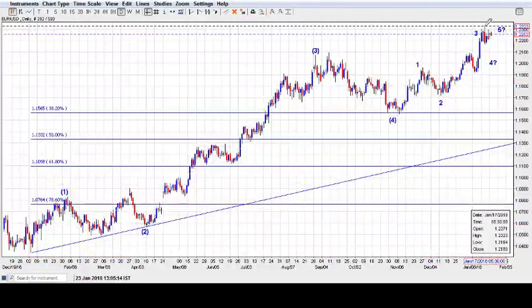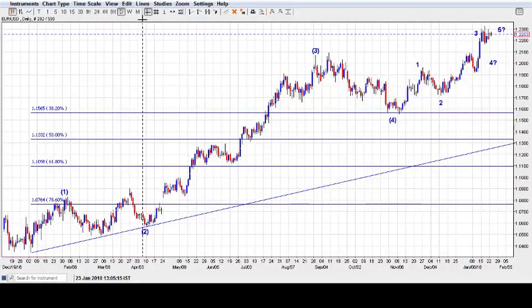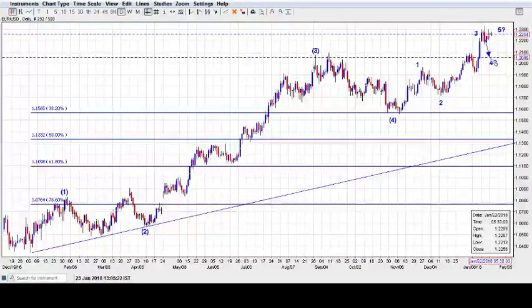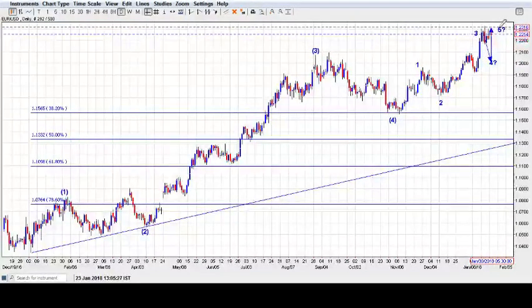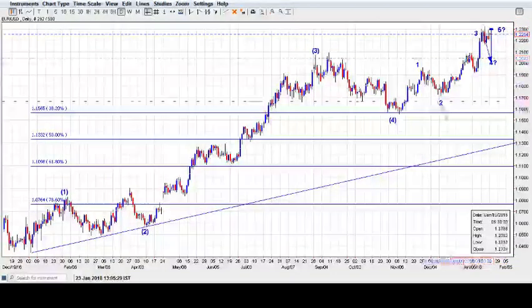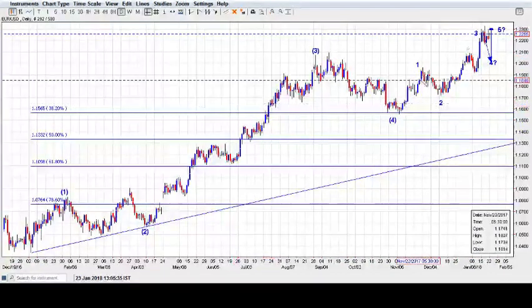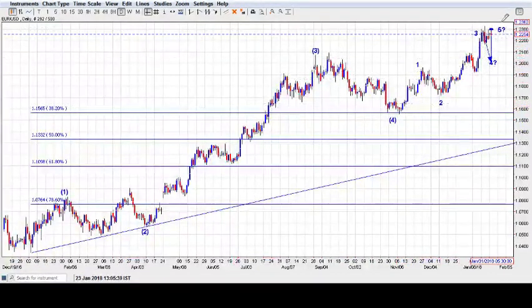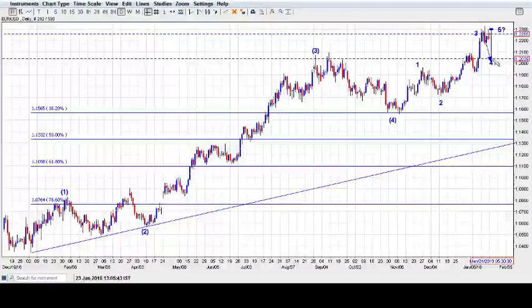Now you might want to note down the figures that we are talking about in the euro at this point in time. First of all, we are expecting prices to drop in a lower degree wave 4 and then push higher in the same degree wave 5, completing 5 waves of one higher degree. All right, step number 1. After this is done, we will be watching closely around the 2060, 2070 mark.